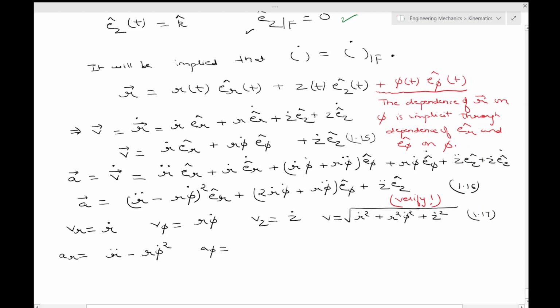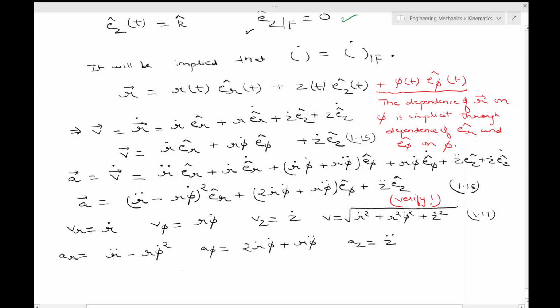A phi would be 2 r dot phi dot plus r phi double dot. And then the Az should be z double dot.